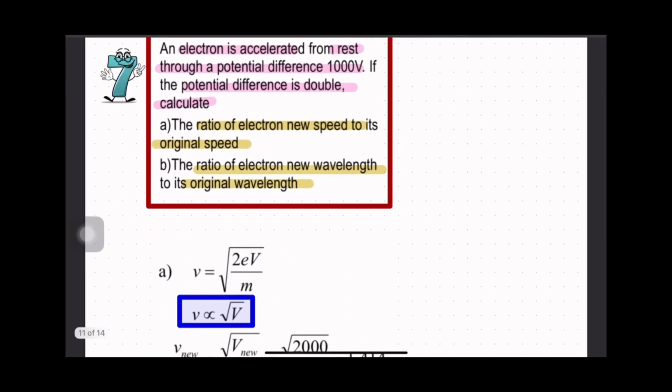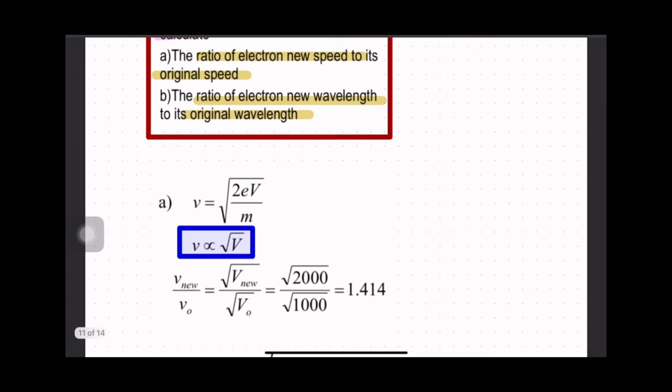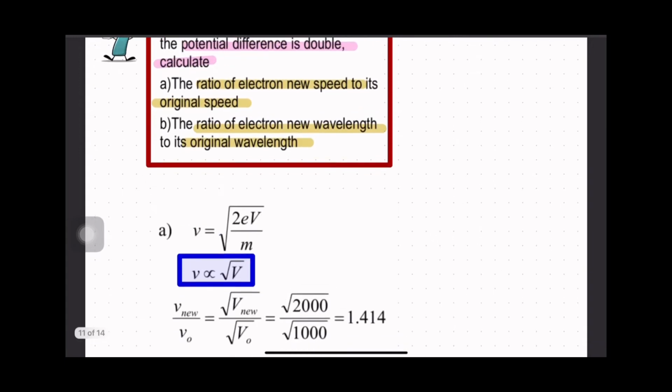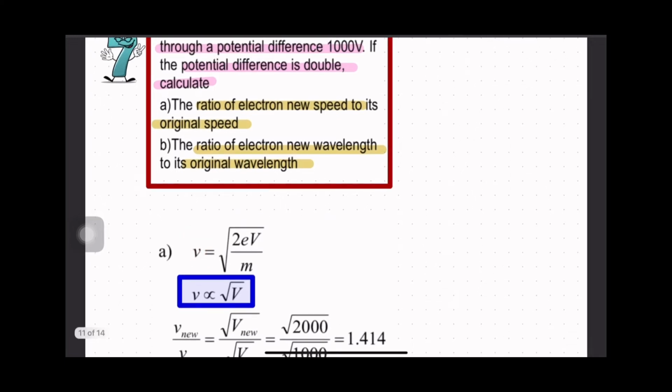Okay, so next, an electron is accelerated from rest through a potential difference of 1000 volt. If the potential difference is doubled, calculate the ratio of the electron's new speed to its original speed. Okay, dia nak ratio of the electron's new speed to its original speed. Jadi case awak ni mass adalah sama lah sebab dia guna electron. Okay, potential difference is doubled, maksudnya 2 times, jadi 2000 lah. So kita kena cari apakah relation new speed dengan potential difference.